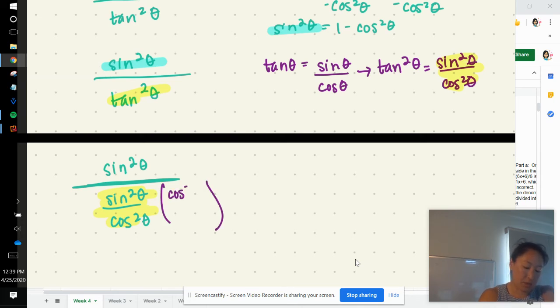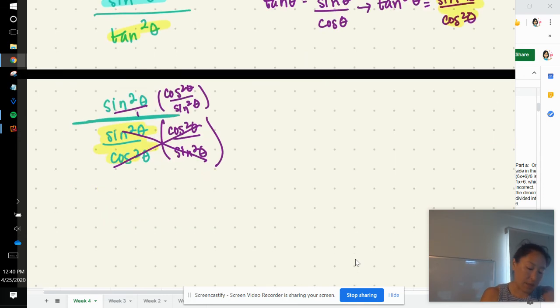So cosine squared theta over sine squared theta. And you do that to the numerator too. So cosine squared theta over sine squared theta. That's technically over 1. I have cancels. And I see my sine squareds cancel, leaving me with only this cosine squared theta.